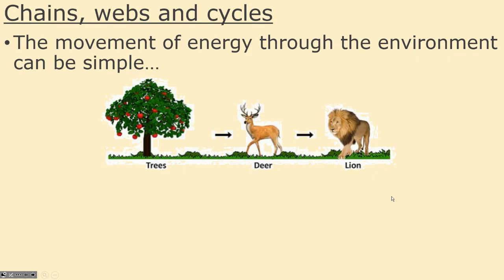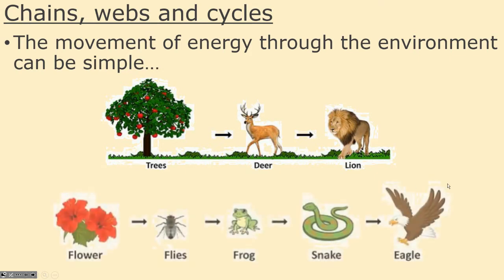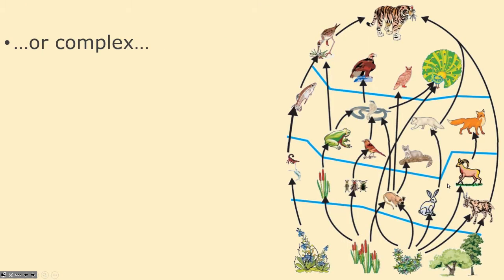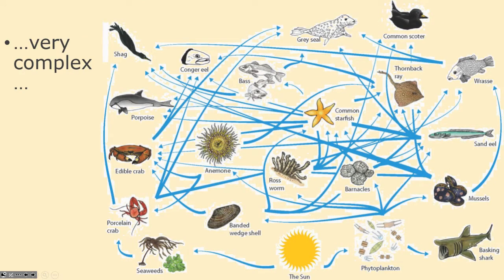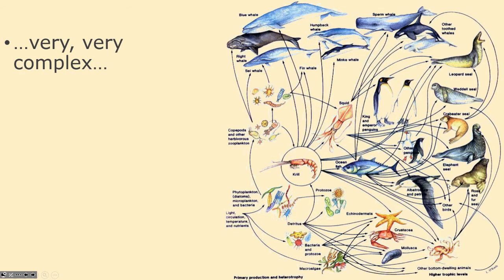If we make it more complex, all we're really doing is making it longer, so more stages in that chain. But in the real world, they can actually be quite complex, or really, really, really complex, or ridiculously complex.